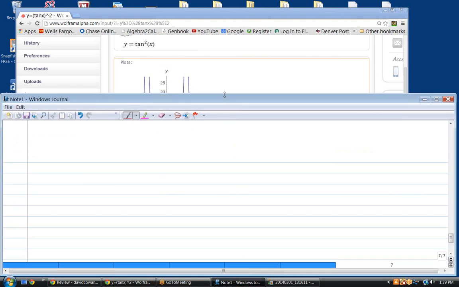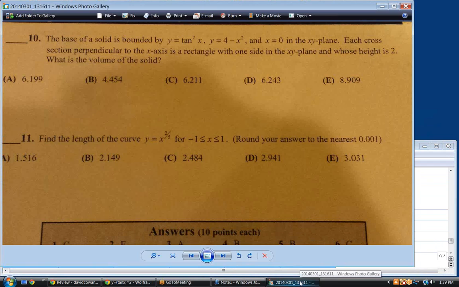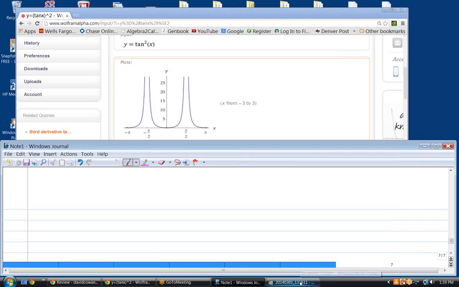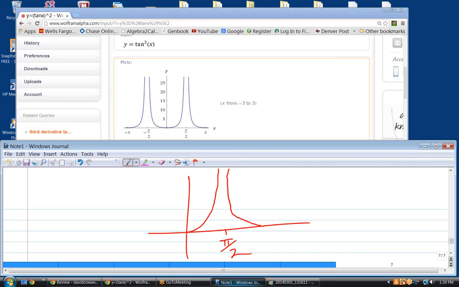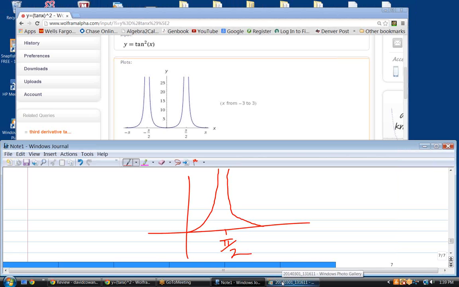This is pi over 2. And the other function is 4 minus x squared.